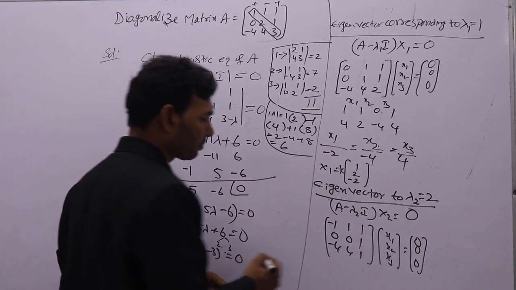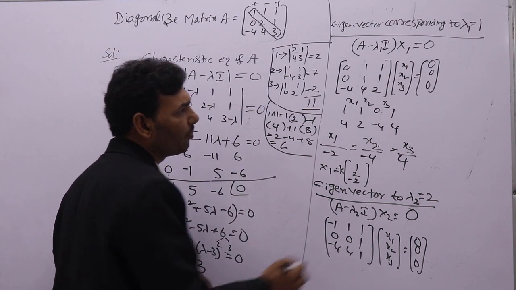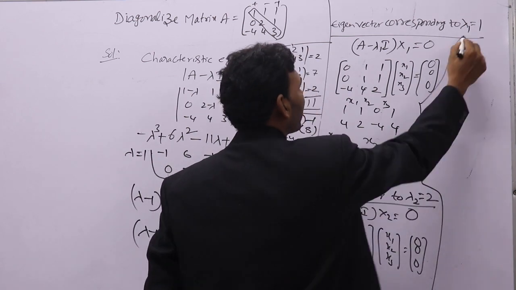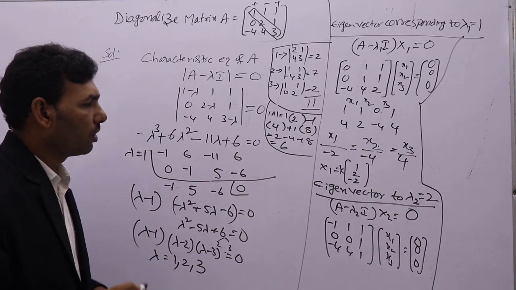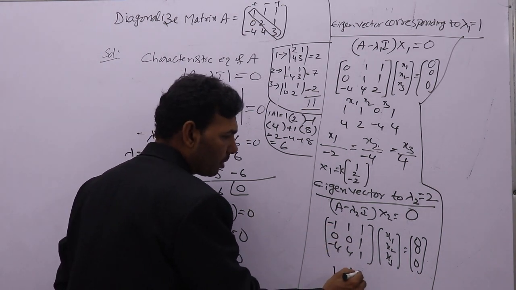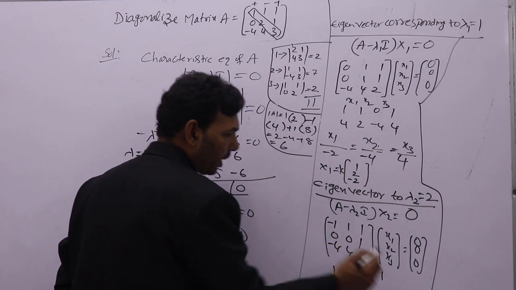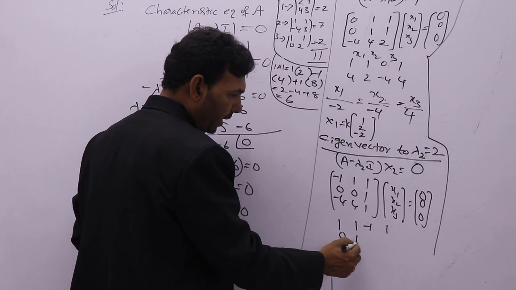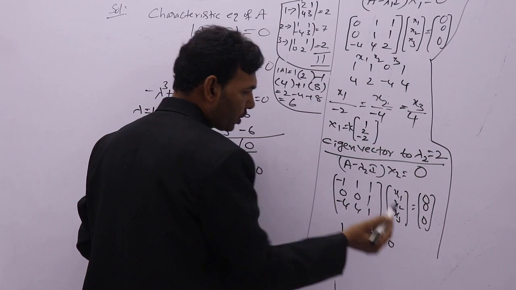Now write second element to second element. Second element: 1, 1, minus 1, 1; 0, 1, 0, 0.